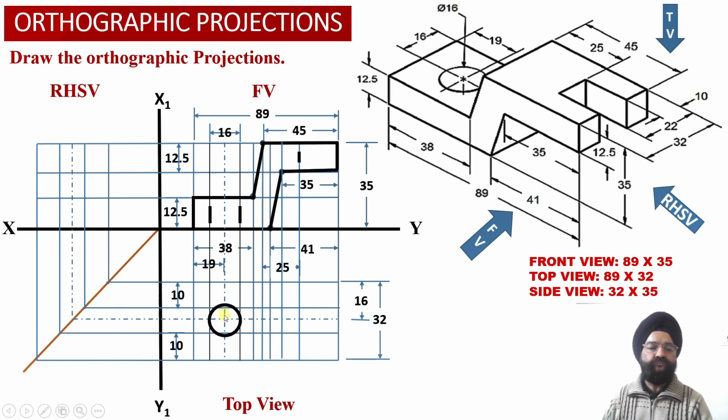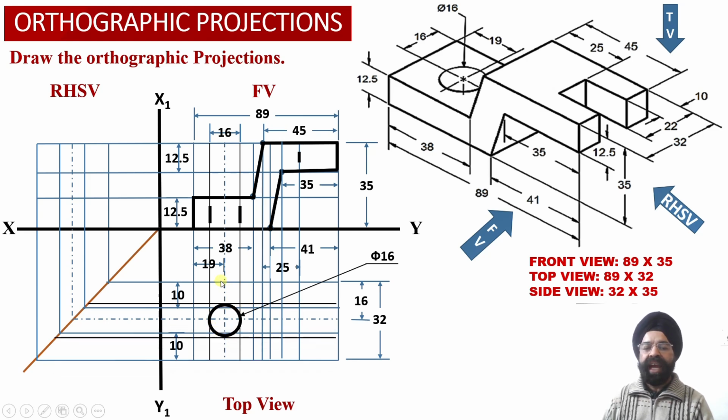So with a radius of 8 millimeters, or diameter of 16 millimeters, we have been able to obtain the top view projections corresponding to the circular hole into the element number 1 over here, and we have been able to obtain the true shape projections corresponding to the circular hole over here.